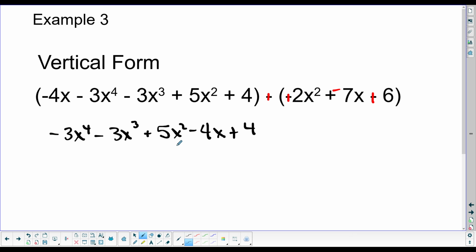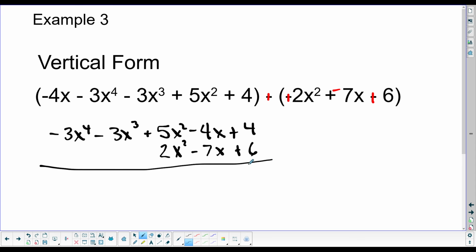This is an x squared, so I'm going to put it by the x squared. Underneath the x squared, I've got -7x, and I've got +6. If I add these together, I get -3x to the 4th, -3x cubed. 5 plus 2 gives me 7 of the x squareds. -4 minus 7 gives me -11x.